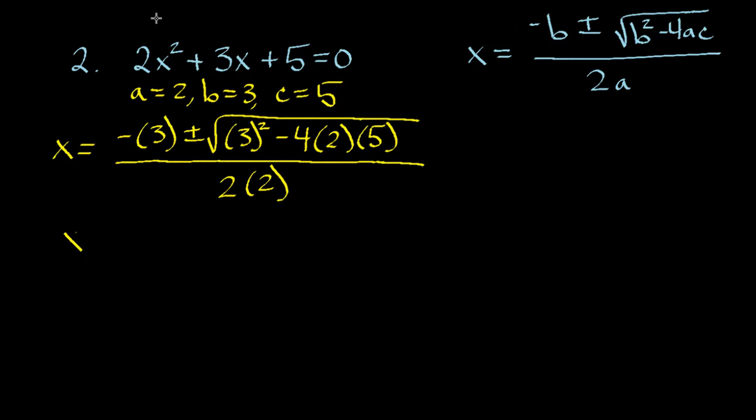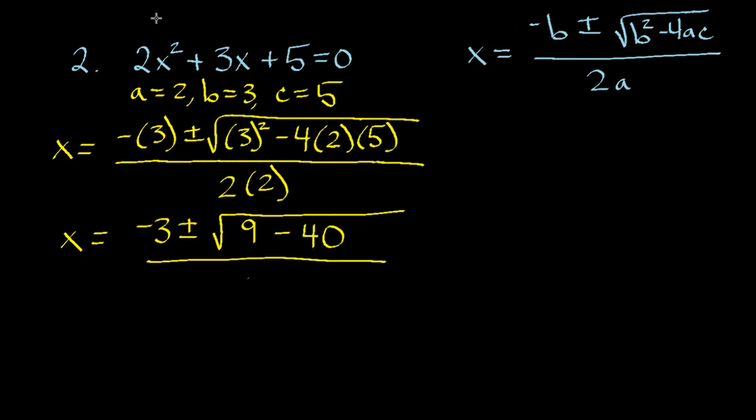So again, we will start simplifying this fraction. The opposite of 3 is negative 3, plus or minus square root of 3 times 3 is 9, minus 4 times 2 is 8 times 5 is 40, all over 2 times 2, which of course is 4.